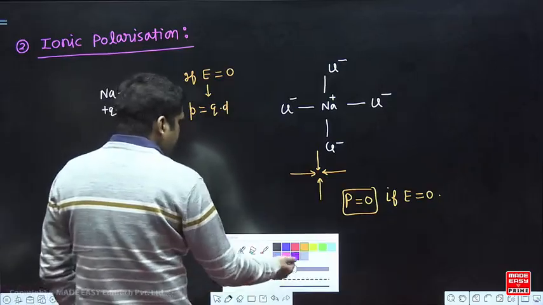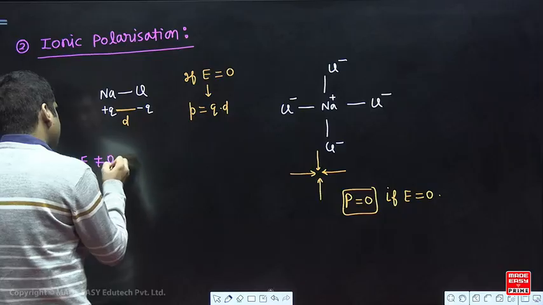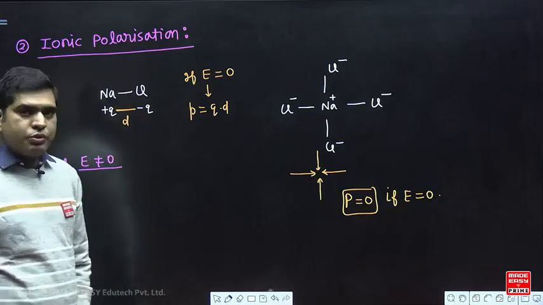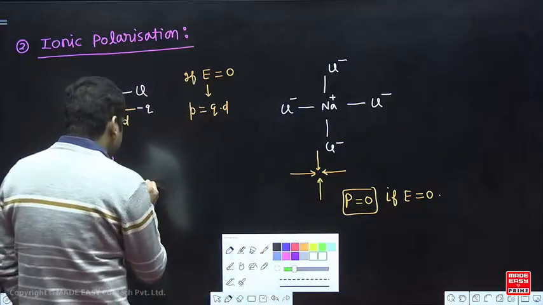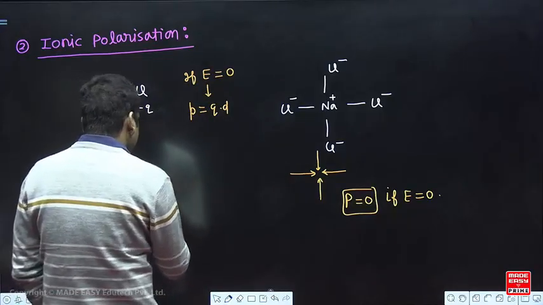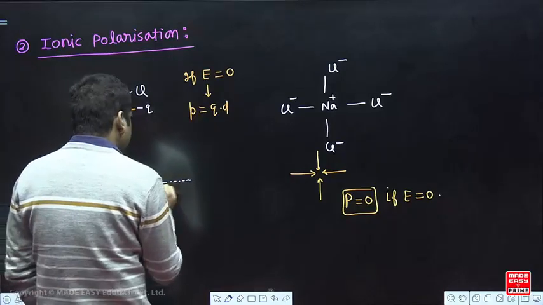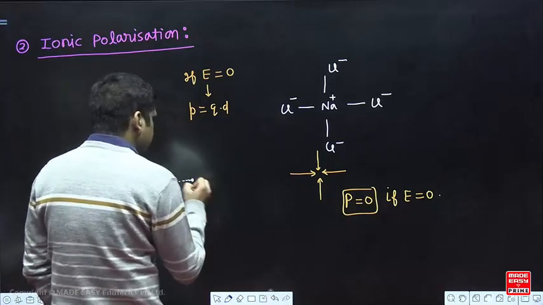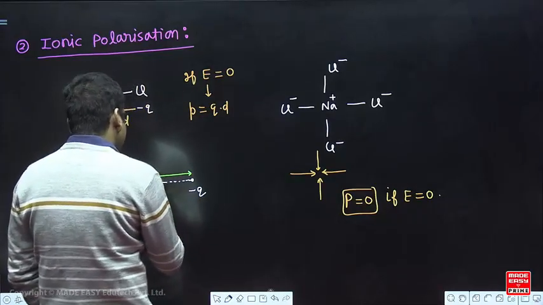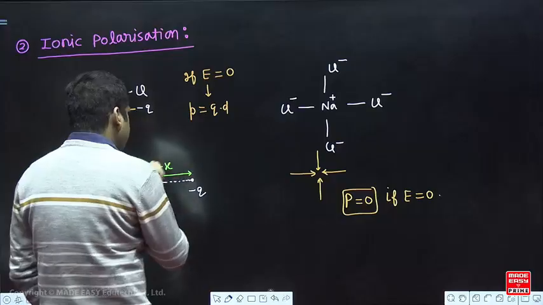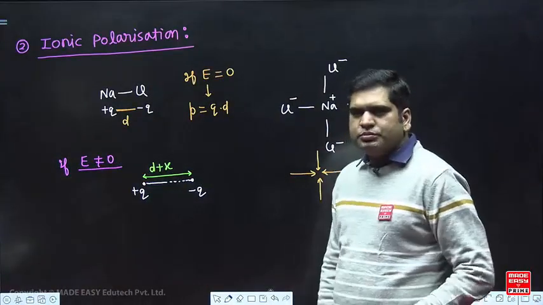But suppose you apply an electric field. If you apply an electric field, E is not equal to 0, then what will happen? The bond is stretched. So this is plus Q and this is minus Q, and here you will have D plus X. Why is the bond stretched?